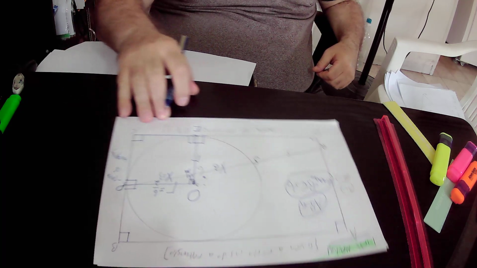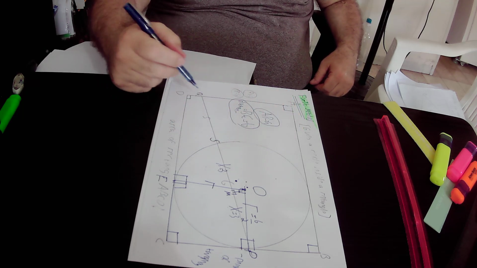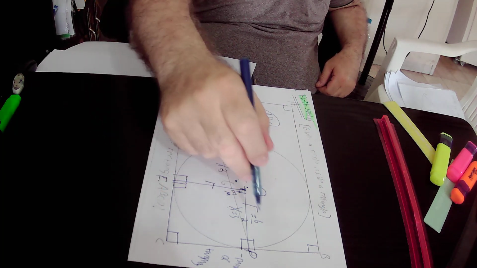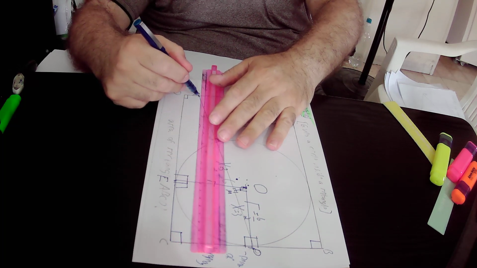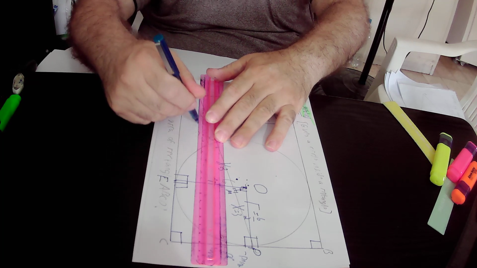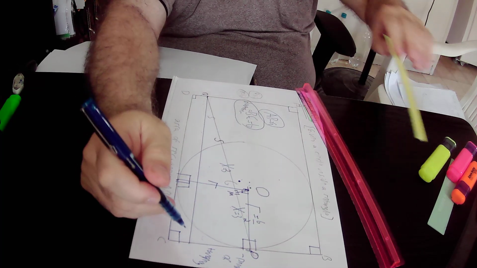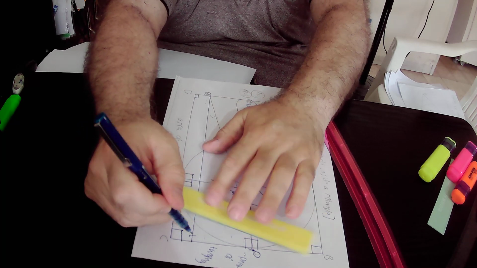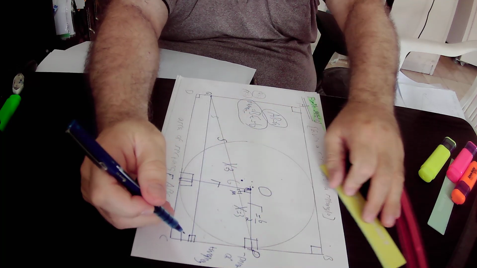In the next step, from point Q, we draw a perpendicular on BC. So actually, this angle equals 90 degrees, and this angle also equals 90 degrees according to our construction.